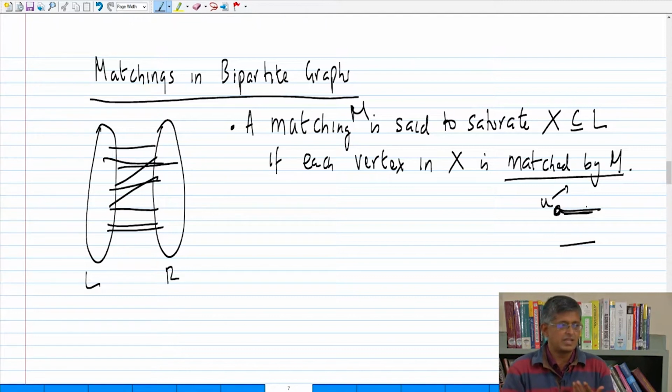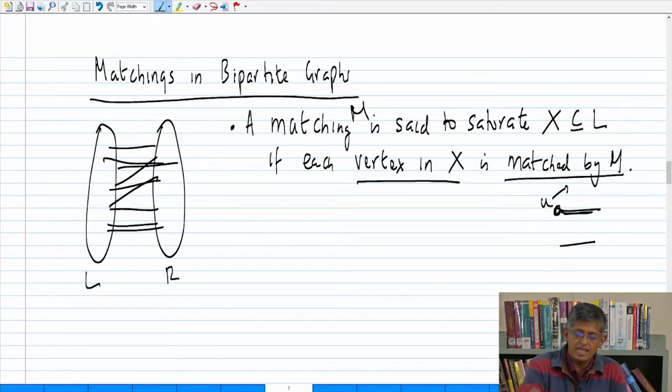It just makes the conversation easier. So a matching M is said to saturate a set X if every vertex inside X is matched by M, and X is inside L.